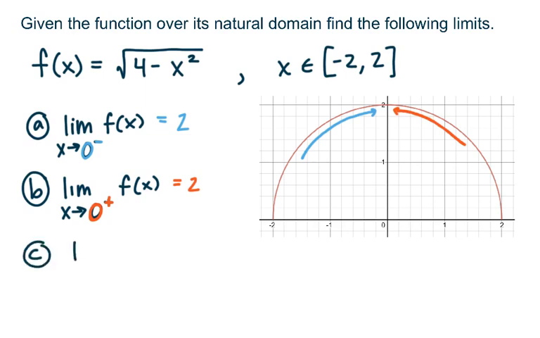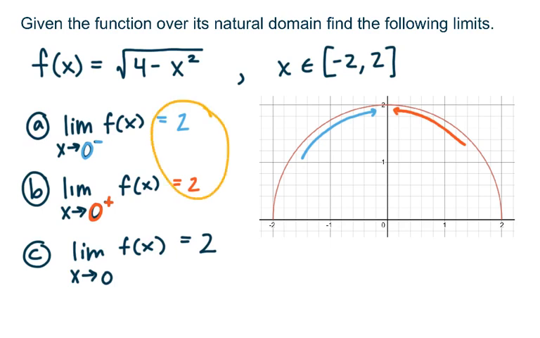So the limit as x approaches 0, not needing that superscript from the left or right, of the function is 2. We know that it is 2 because my left and right hand limits match. If those two numbers are not the same value, we would write does not exist.